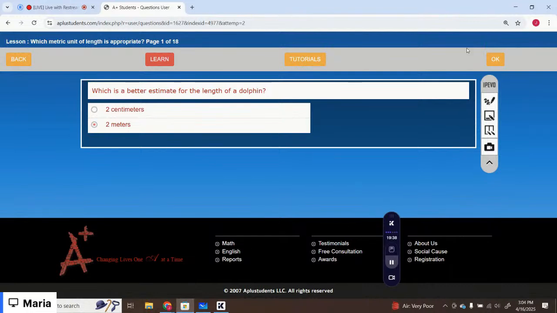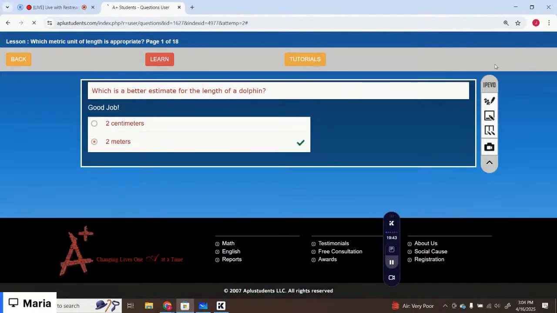The length of a dolphin must be 2 meters. Centimeter is the unit that we can use to measure the length of the smaller things, right?